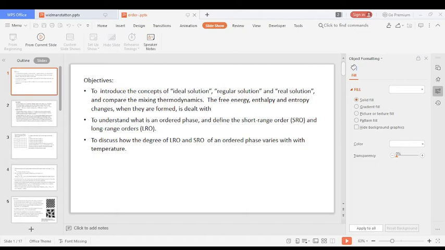The maximum temperature to which LRO will persist in this case, compared to the situation where the ordered phase has a nearby stoichiometric ratio, is less. So here are 5 common ordered lattices. These are L20, L12.